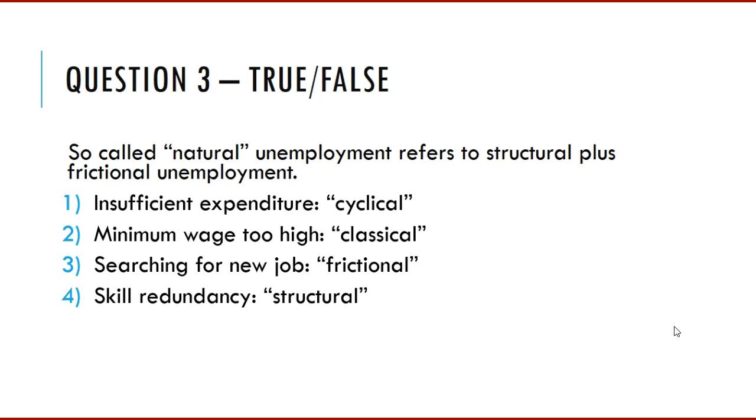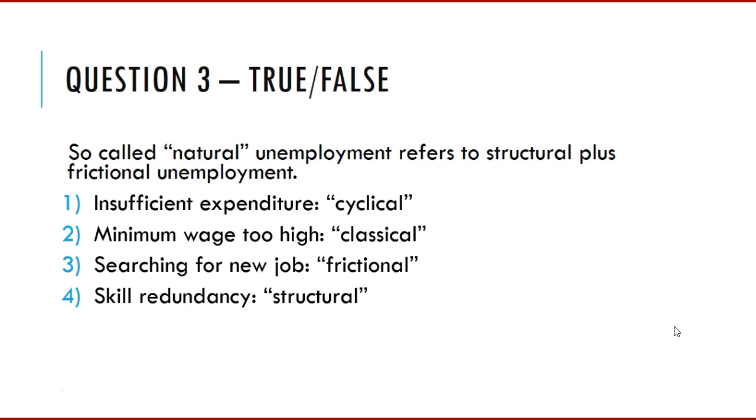So the people who have particular skills in the older, dying industry will eventually become unemployed, and they will have skills which are no longer required or in demand in the economy. And so those people will be structurally unemployed.